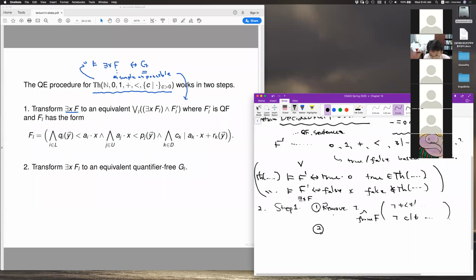Let's call the resulting formula f prime, and we convert f prime to DNF form. This gives us f double prime, in the format f double prime 1, disjunction, f double prime 2, disjunction, and so on.